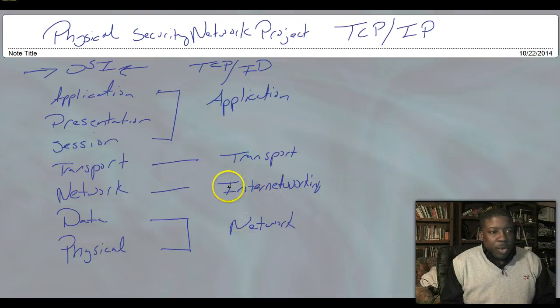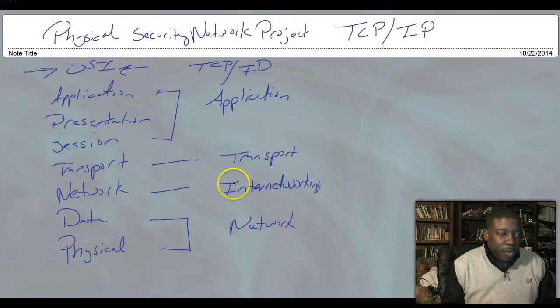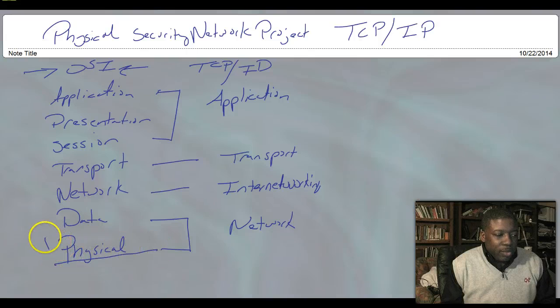So we are talking about the physical aspect of the security project on the network. There are certain things you need to know about this layer right here, and this is what we will talk about. Later, I will talk about these other ones in future videos if someone wants to know a little bit more about these other layers. But let me just talk about it really quickly while I'm here.